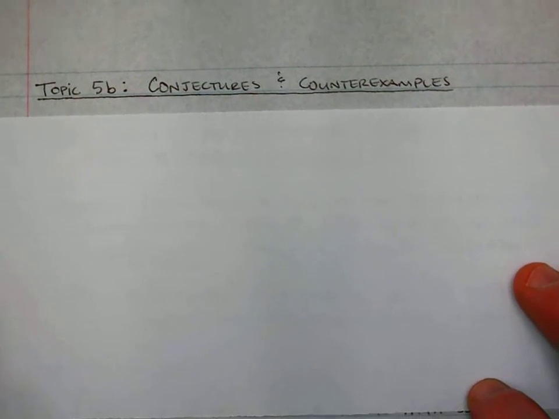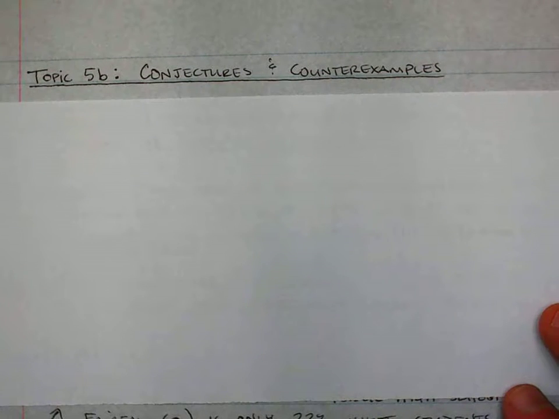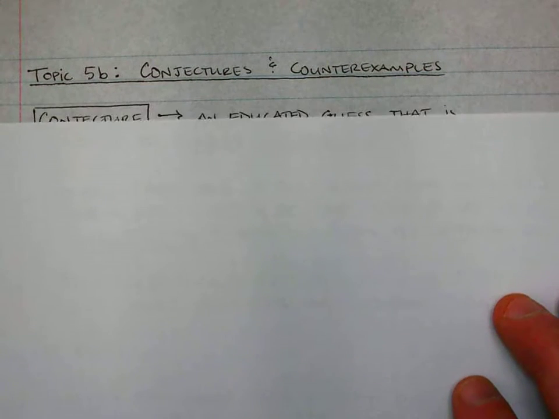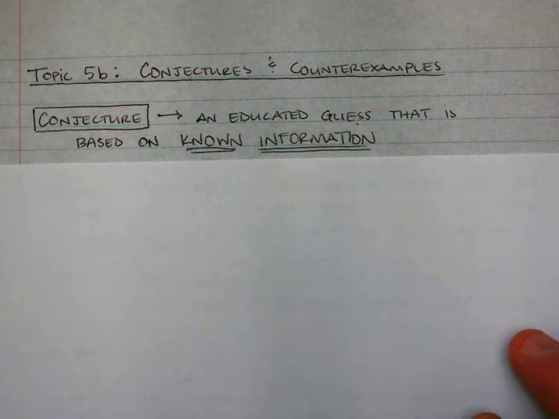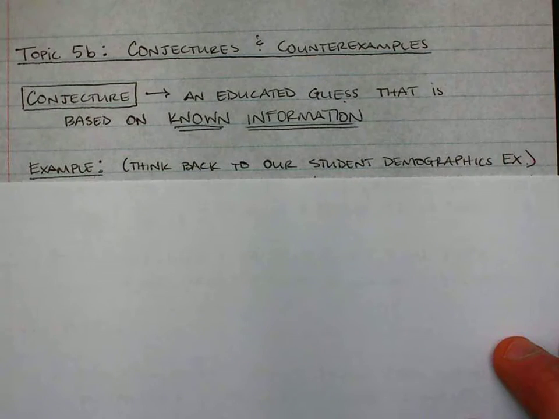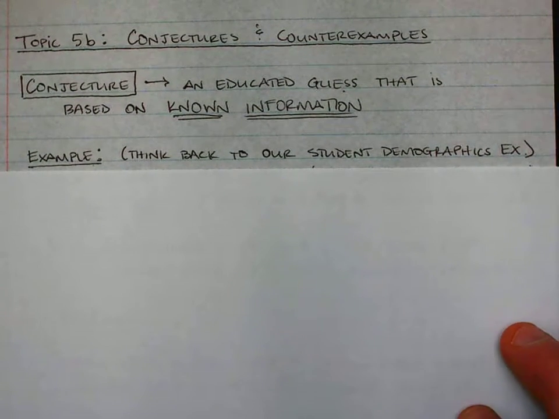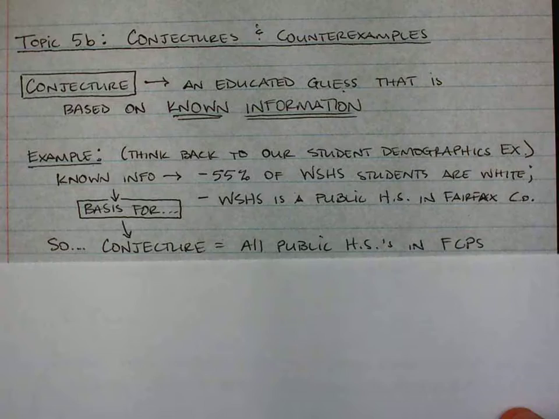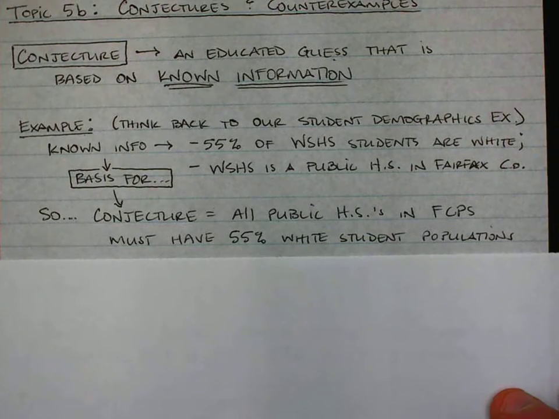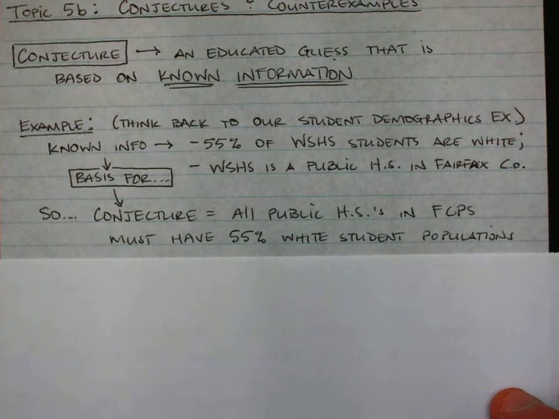In topic 5B, we're going to be looking at conjectures and counterexamples. So what are conjectures and counterexamples, and why do they matter to the work that we're doing here? A conjecture is an educated guess that is based on known information. If you think back to the example that we were just considering with our student demographics at West Springfield High School, known information that we have would be that 55% of West Springfield High School students are white, and that West Springfield High School is a public school in Fairfax County.